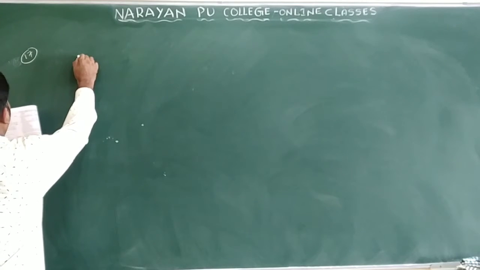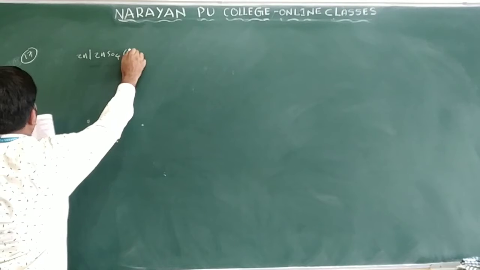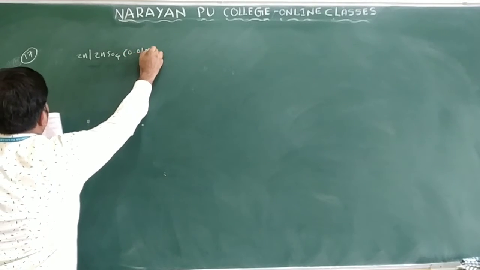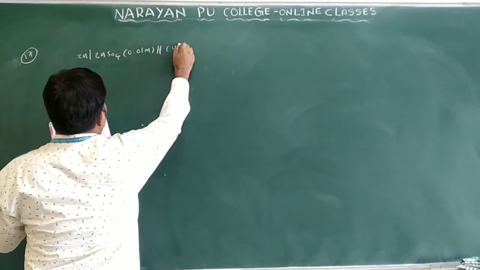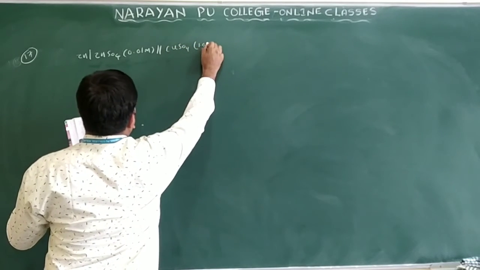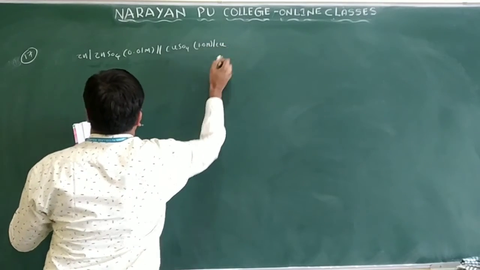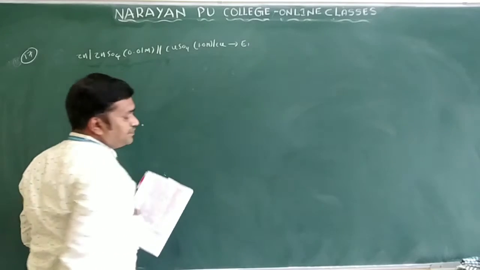The first one I have given here, ZnSO4, the concentration is given 0.01, and copper sulfate 1.0 molar. This is copper. The EMF of the cell is E1.